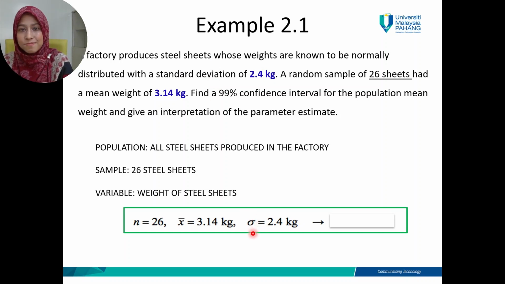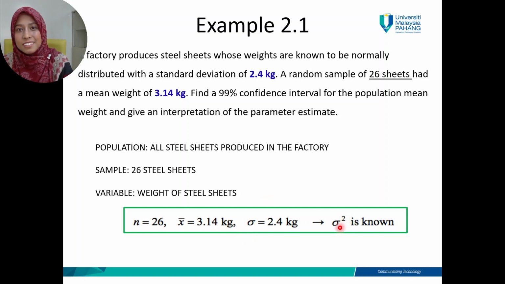When you extract the information from the question, you now know that you have a sample size of 26, sample mean of 3.14 kilogram, and population standard deviation of 2.4 kilogram. So the question given to you is the case of sigma square known. You know the value of the population standard deviation, therefore you can also know the value of the population variance.